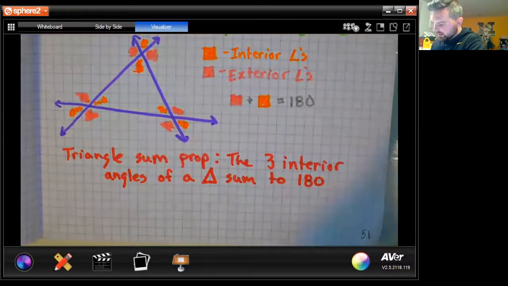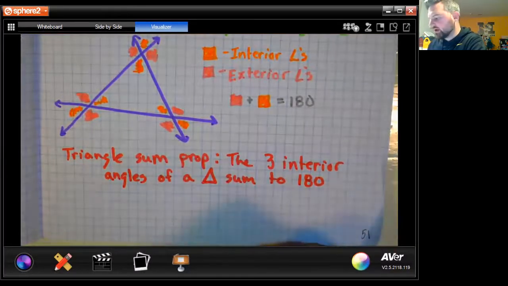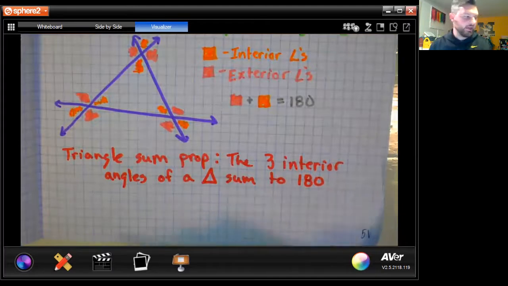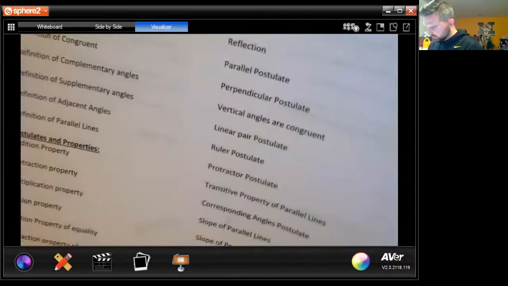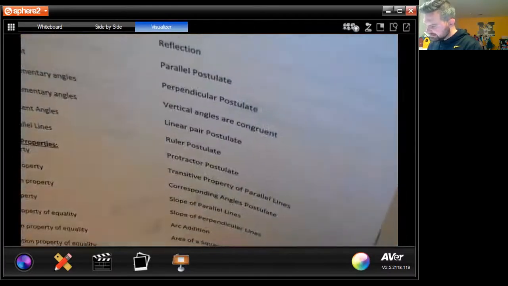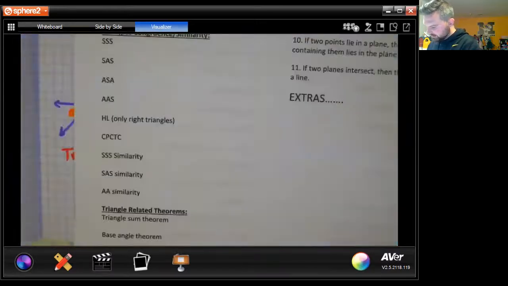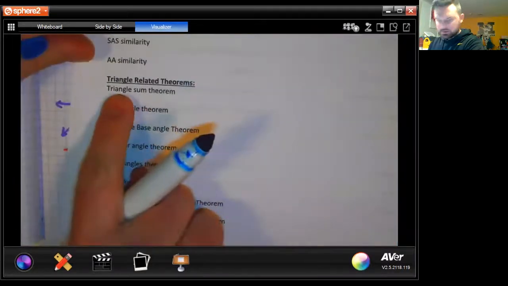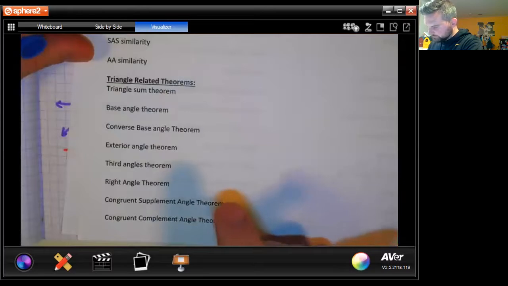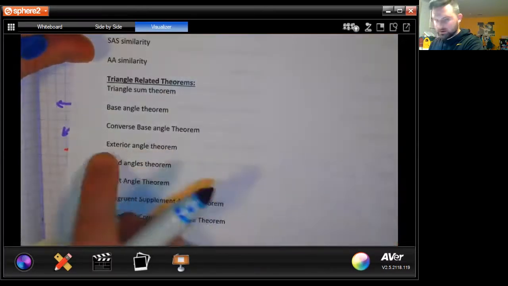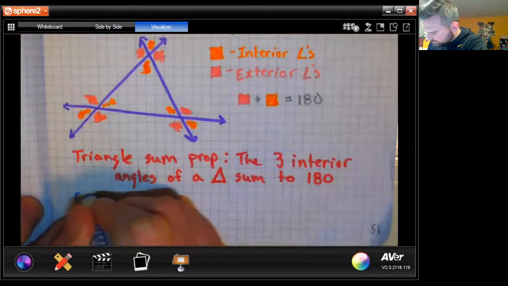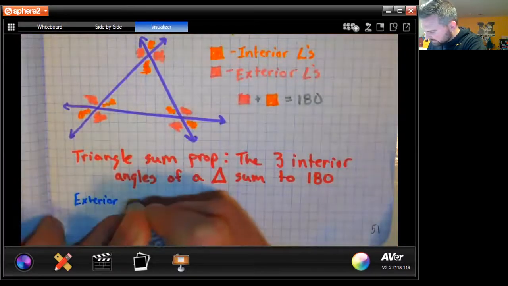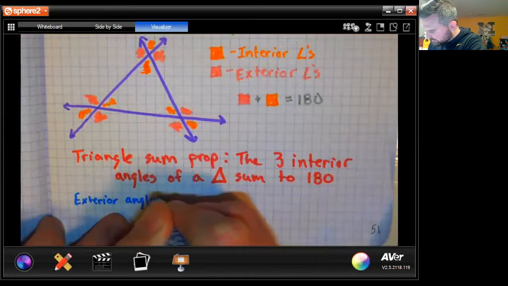Okay, and then the last property that we're going to talk about is called the exterior angle theorem. I've got this valid list of reasons page here, and let's see if I can find it on here. Oh, maybe on the back. Okay, so there's the triangle sum theorem we just talked about. But then here's the exterior angle theorem that we're going to talk about. So exterior angles theorem.